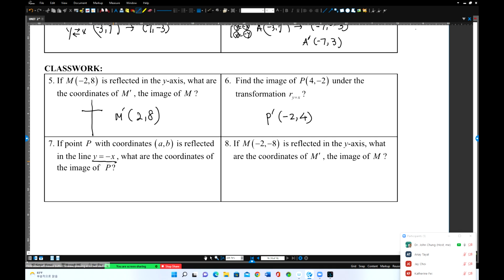Y equals negative x, switch again, but both will be negative. Y-axis, from here, same one, only the x coordinate is opposite, right?